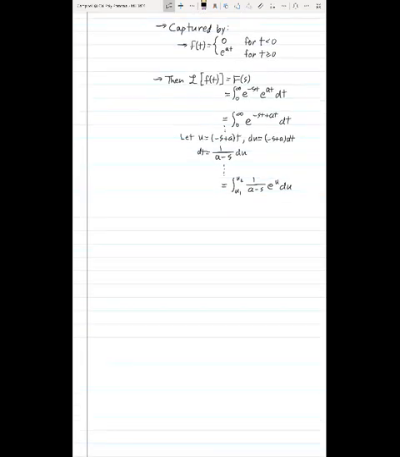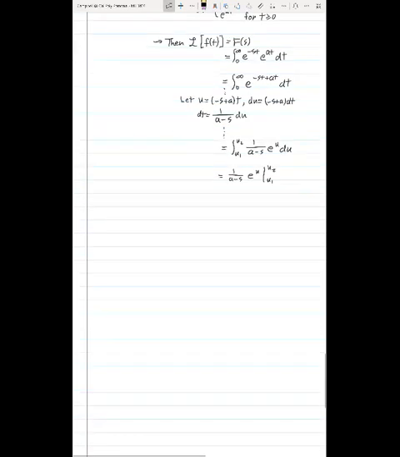And then going ahead and clearly factoring out the 1 over a minus s, because that's constant with respect to u, we just have the integral of e to the u du, we just get e to the u evaluated from u1 to u2.